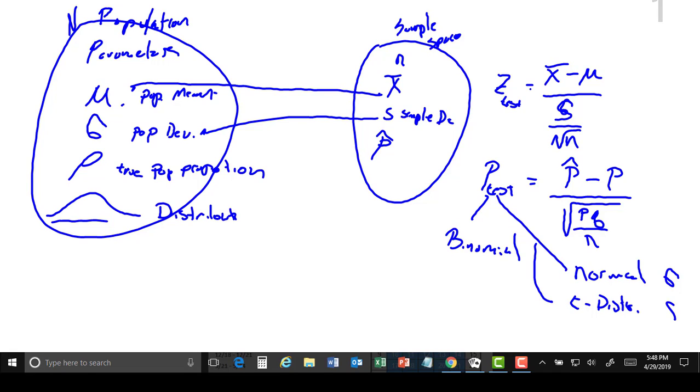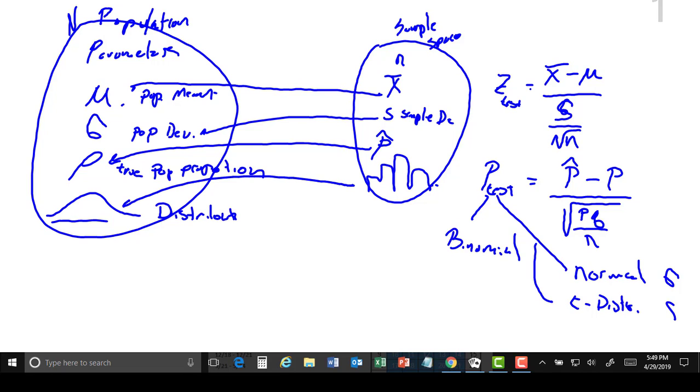So now we have three test statistics. P hat is going to be the best forecast of the true p. And finally, we have the histogram of the data to give us an idea of the true distribution.